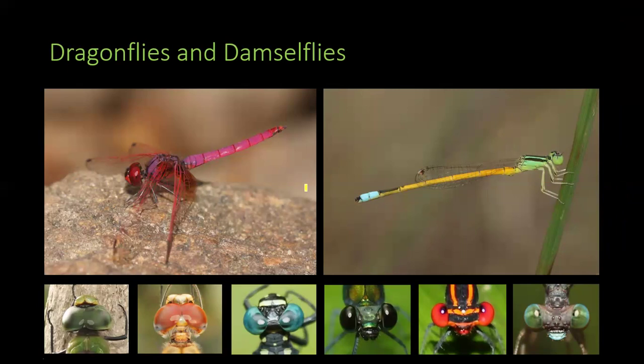The main difference is actually the shape of their body. The thing that is generally obvious to anyone observing them is the general body shape. This is a dragonfly, which is a bulkier insect with a broader body, and in their resting position they usually keep their wings perpendicular to the middle axis of the body.